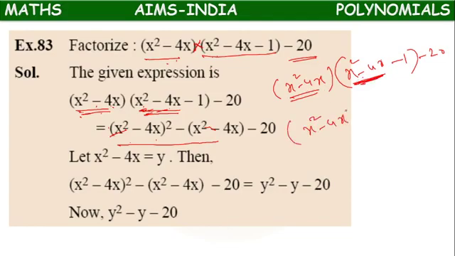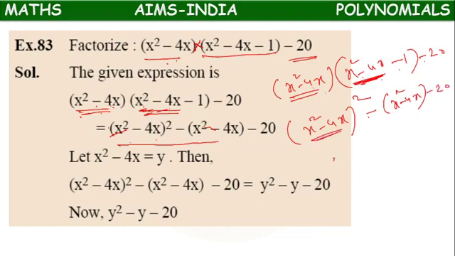x square minus 4x and x square minus 4x are the same. It will become x square minus 4x whole square minus, with x square minus 4x they have multiplied minus 1. So that's why minus is coming here: minus x square minus 4x. Now multiplication is completed. Remaining term is minus 20.